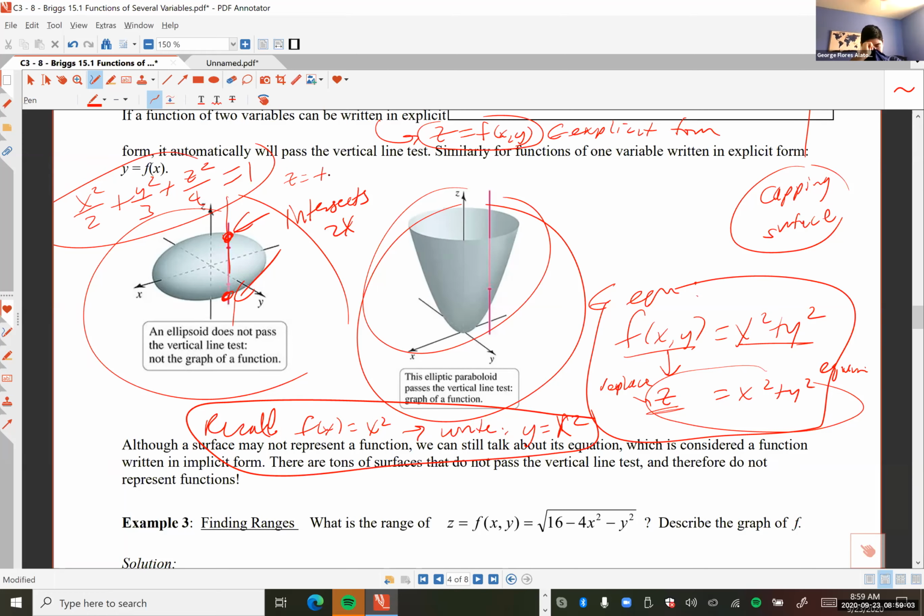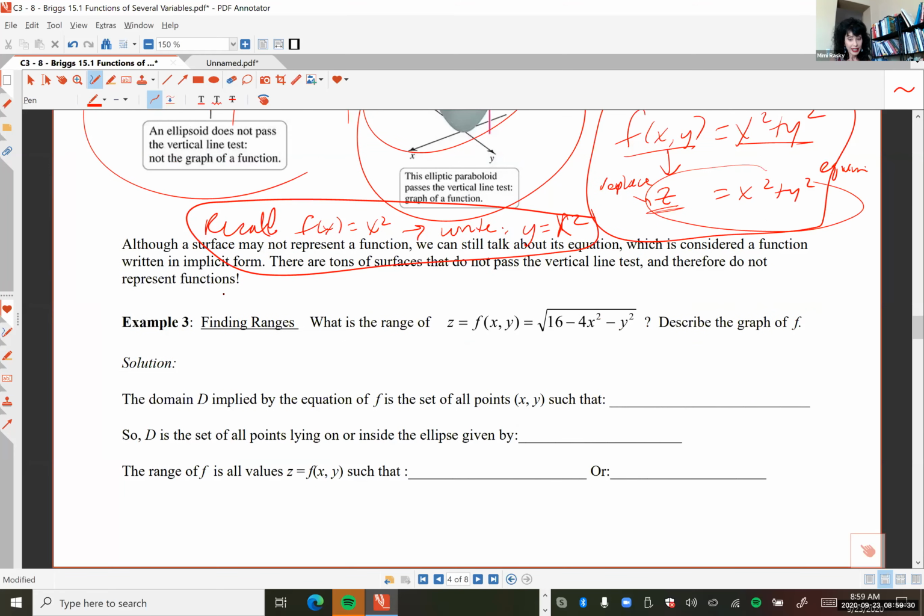Yeah, you'll get plus or minus, you'll have probably a 4 out there too, 1 minus x squared over 2 minus y squared over 3. So you're going to actually have to graph two things. The plus will give you the upper half of the ellipsoid, and the negative square root will give you the lower bottom, or the underbelly of your egg. So you need two different equations there. So that kind of gives you a heads up that it's not passing the vertical line test.